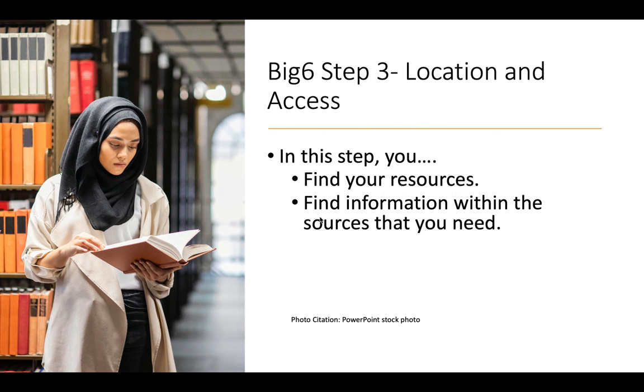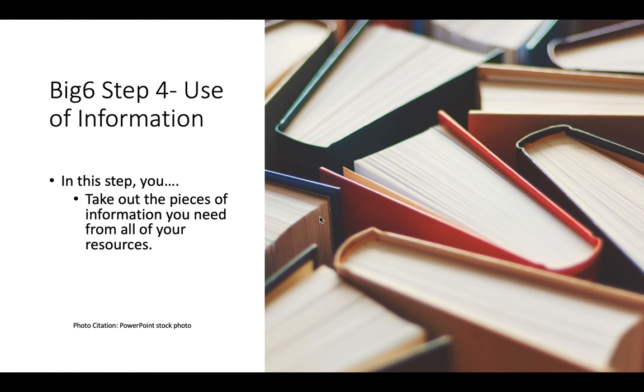Big 6 step 3 is in regards to location and access. In this step, you're going to find the resources that you're going to use, and then you're also going to find the information within those sources that you need. So, big picture, you find your resource, then zoom in on it to find what particular information from there you're going to take advantage of and use.